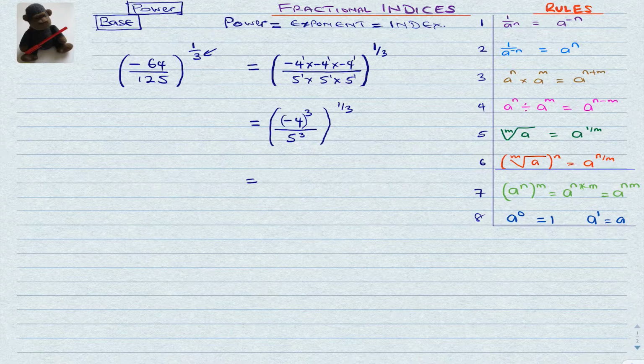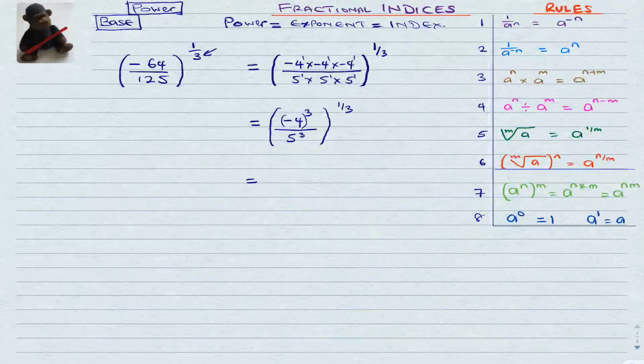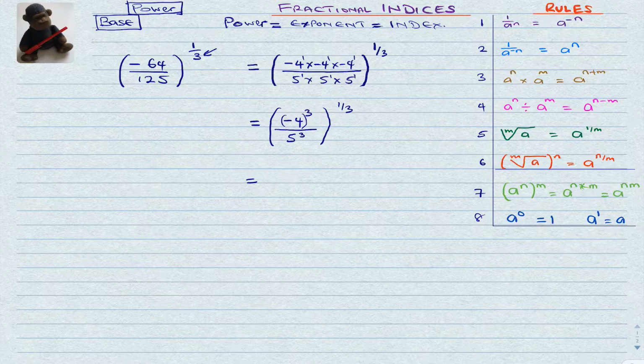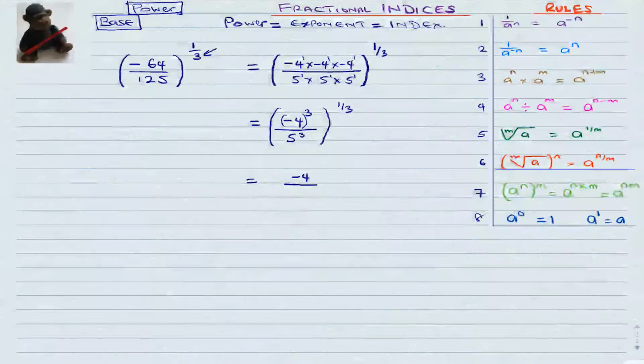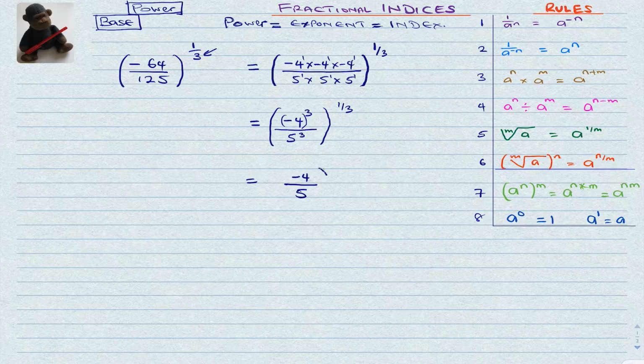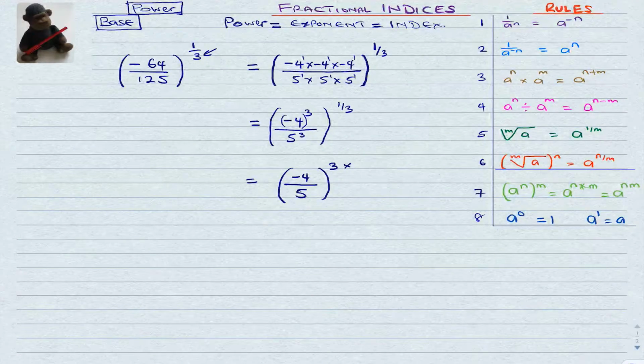Inside the bracket, the power of 3 is common to both denominator and numerator, so we can take it out of the bracket. So that will become minus 4 over 5 to power of 3. And then we times it by the fraction that was there before. Don't forget the 4 still has 1 power, and 5 still has 1 power.